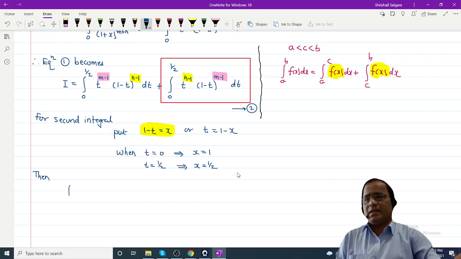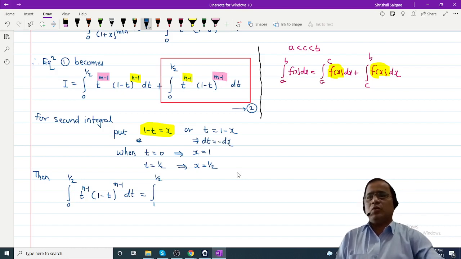Therefore, the second integral, the integral 0 to 1/2 t raised to n minus 1 into 1 minus t raised to m minus 1 dt, can be written with new limits, I think 1 to 1/2. Here I forgot to calculate dt. So this dt is given by minus dx.